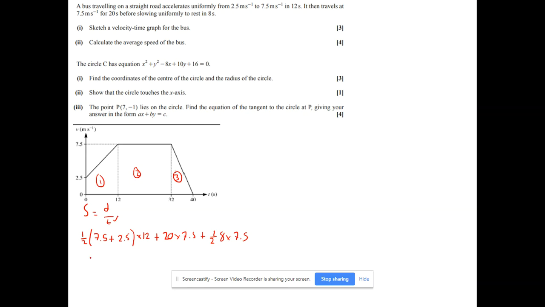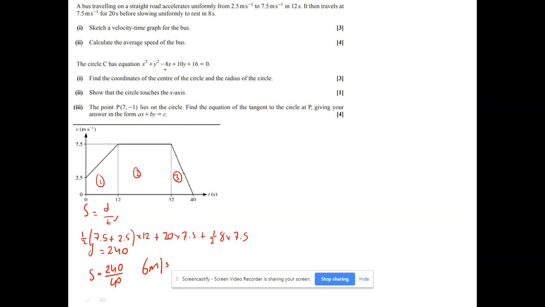So that gives us the distance is 240. So the speed is 240 divided by 40, which is equal to 6 meters per second is the average speed.